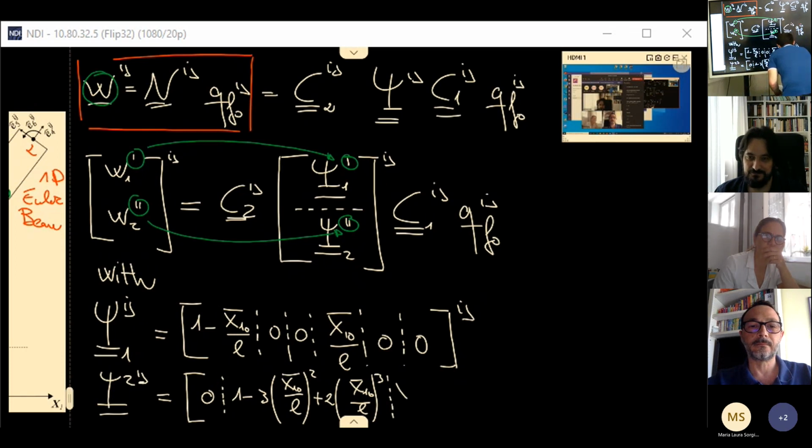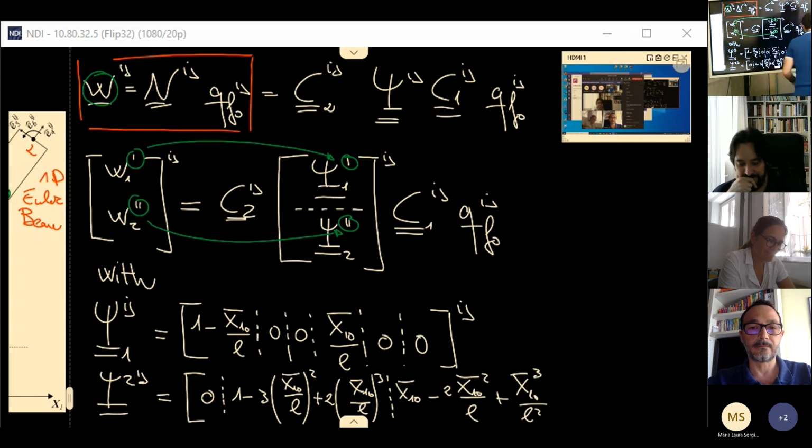Then we add x1, 0 minus 2 x1, 0 squared over L plus x1, 0 to the third over L squared. Then we have a 0.